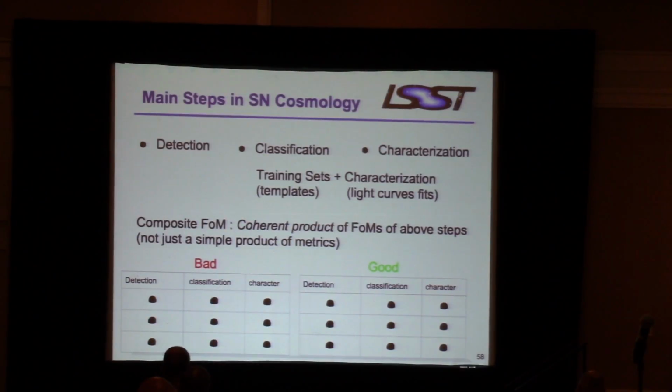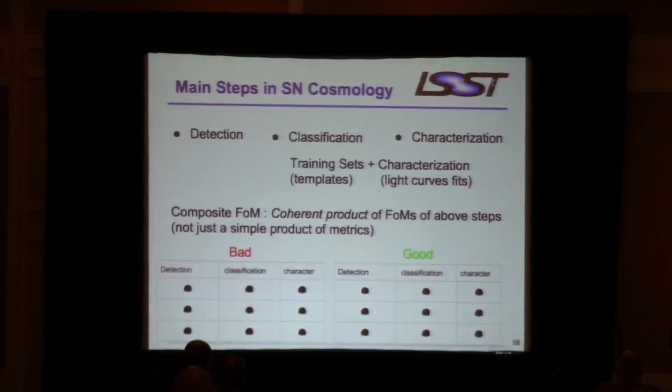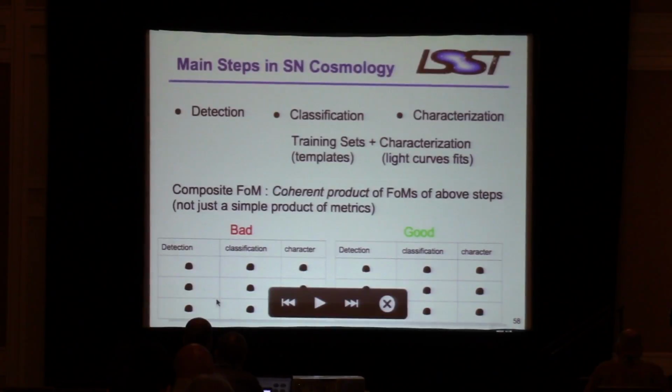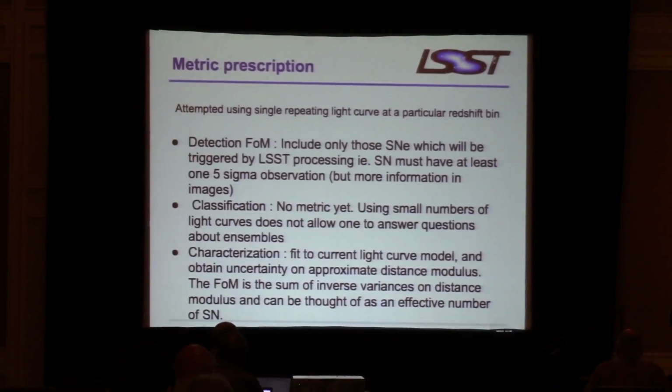And so what we'll need is a composite of these 3 metrics, and that would be a coherent product, by which I mean that the same supernova should be good for all these 3 steps, whereas here, different supernovae are good for each of these steps, and that's not good. So we need a coherent product there.